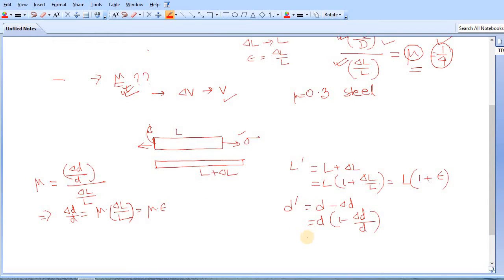So the new lateral dimension is d into 1 minus mu times epsilon.